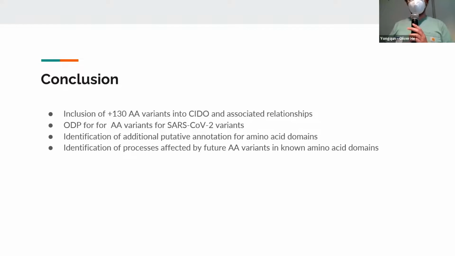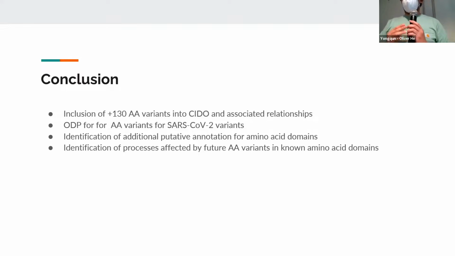So in conclusion, we mostly updated CITO to include an additional 130 amino acid variants and added associated axioms and relationships for them. We provided an ODP for the inclusion of additional amino acid variants for SARS-CoV-2, which we can then use for any future advancements.